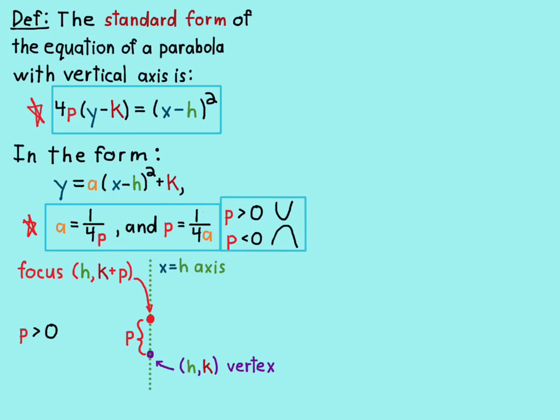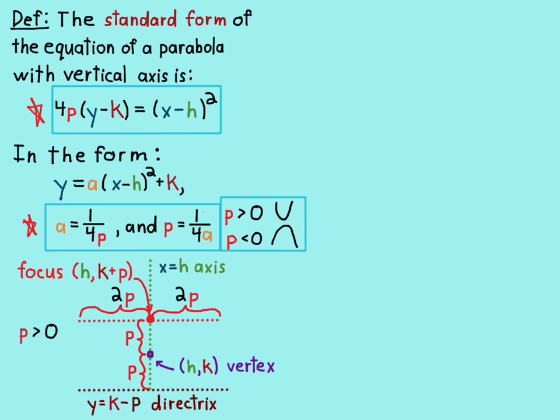So the focus is going to be h comma k plus p. And then if you go p in the opposite direction, you get the directrix, which is y equals k minus p. The second coordinate here, minus p, because you're p lower.